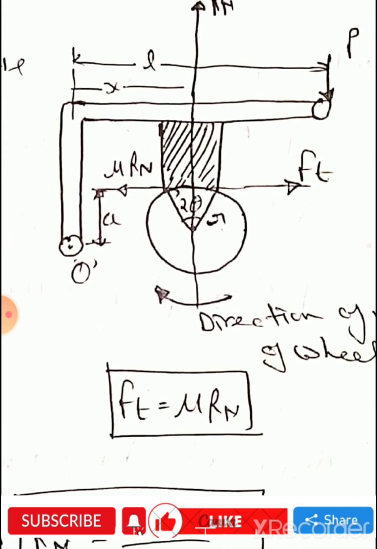This is the line of action of tangential braking force and this is the point O, the fulcrum point. Here is the distance A of the tangential braking force from point O.